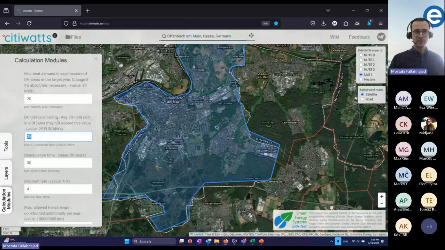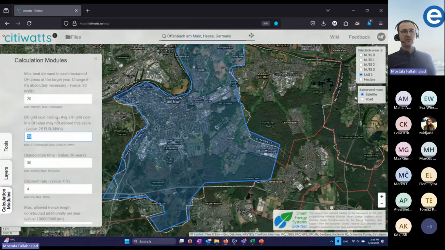You come up with some numbers, let's say 150 euro per megawatt hour for the central heat supply. When you want to run the analysis for district heating, the cost is composed of grid cost or heat distribution cost plus generation cost.